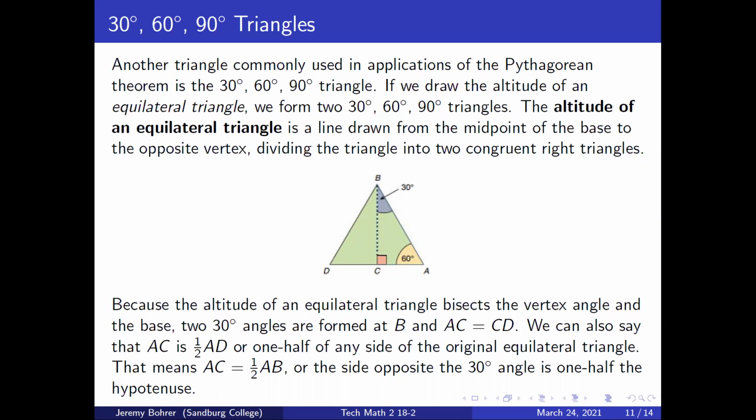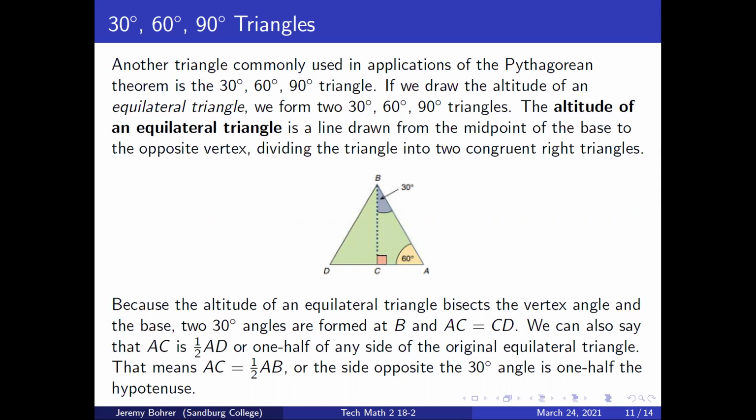Because the altitude of an equilateral triangle bisects the vertex angle and the base, two 30-degree angles are formed at B, and AC equals 3 CD. We can also say that AC is 1/2 of AD, or 1/2 of any side of the original equilateral triangle.